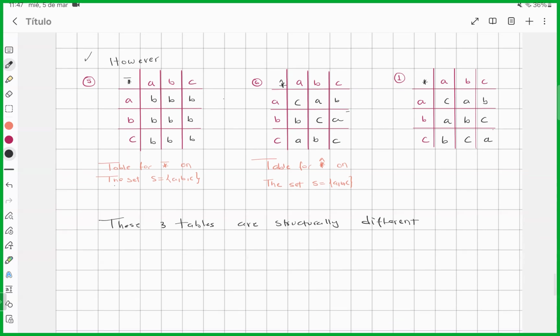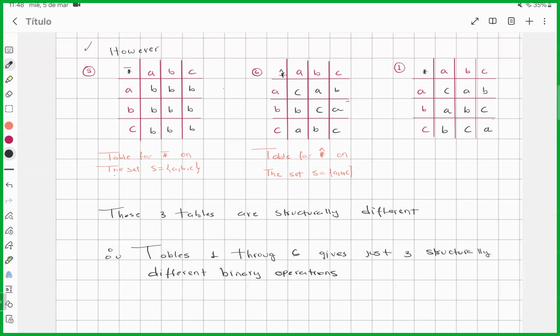Thus, we can conclude the following. Tables 1 through 6 give just 3 structurally different binary operations, provided we disregard the names of the elements and the order in which they appear as heads in the table.